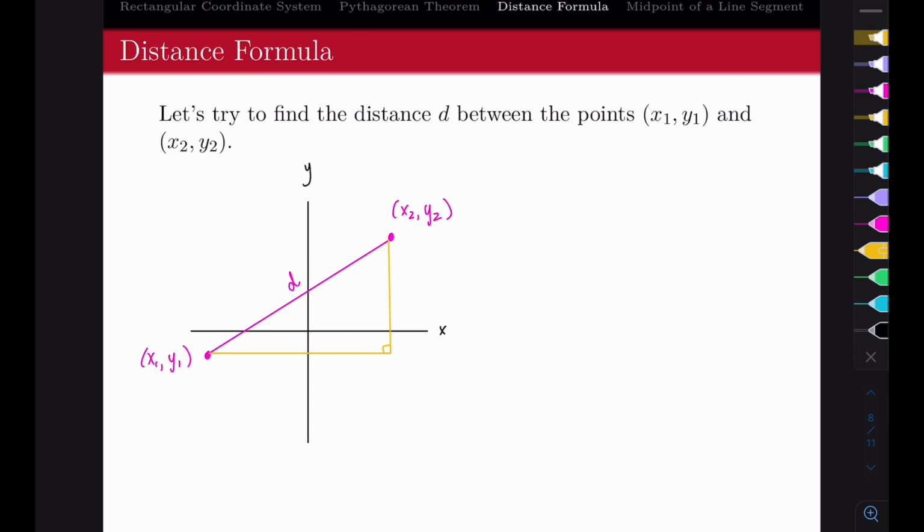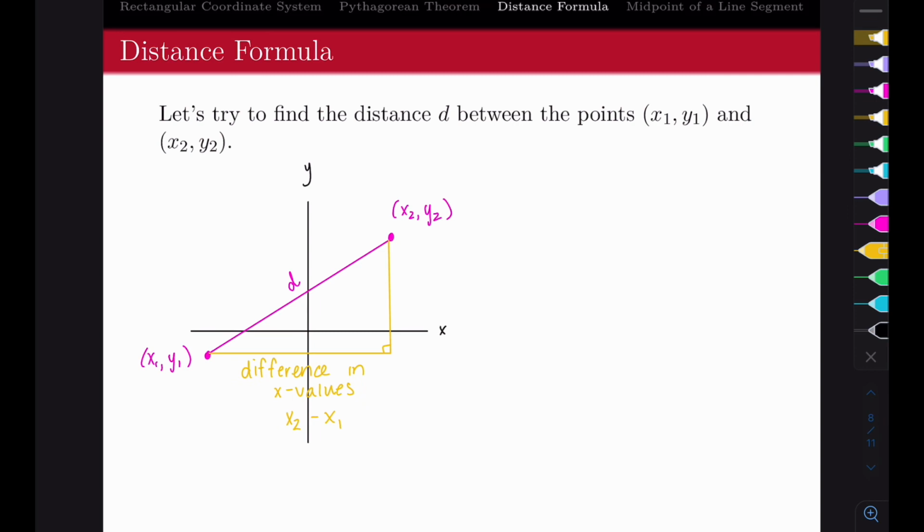Okay? If I want to think just kind of conceptually, not with numbers, what this is, it's really how far you're moving in the x direction. So this side over here is really the difference in our x values. Okay. So if we want a formula for that, it honestly isn't going to matter which one you put first and second, but I'm going to say x2 is the bigger number, and we're going to subtract x1.